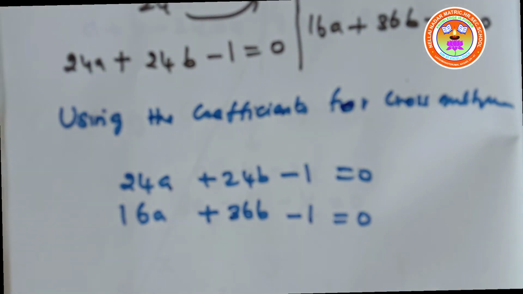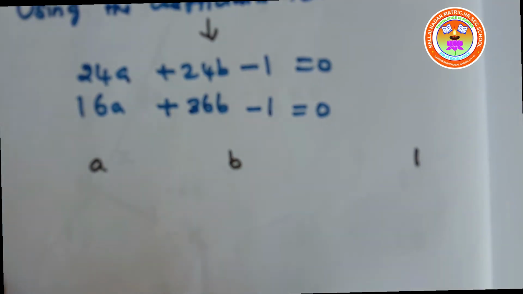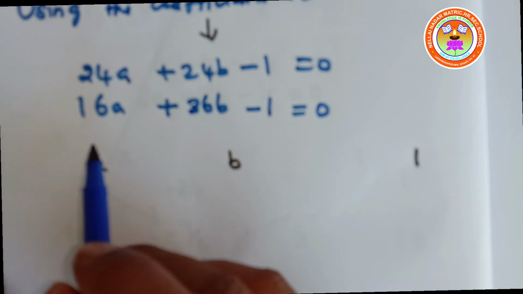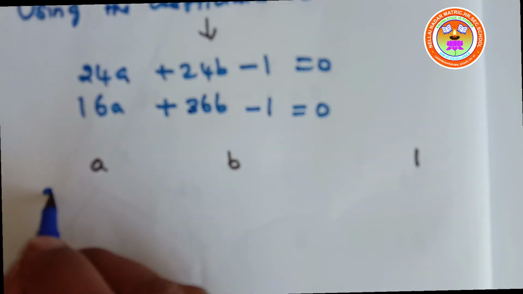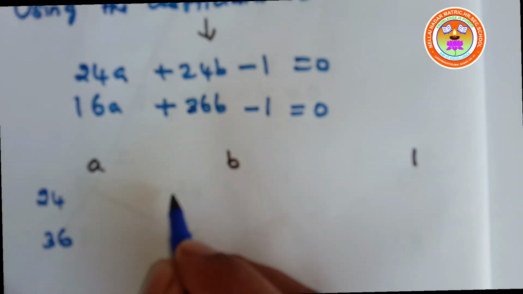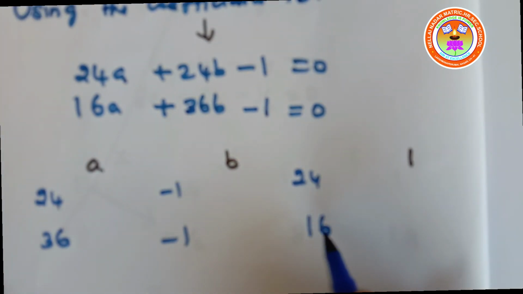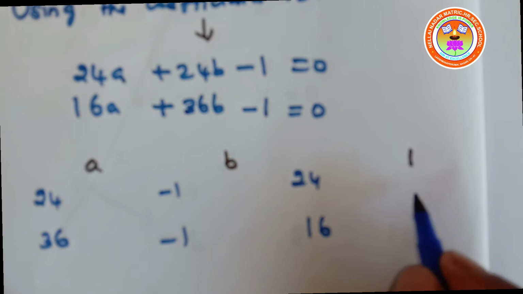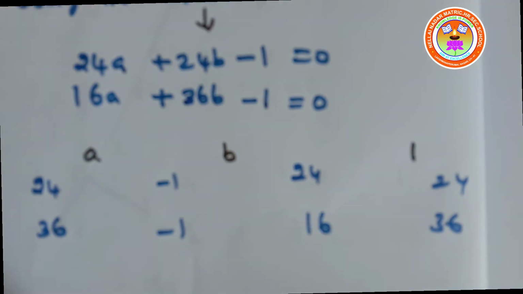It's clear, children? Now first start with the coefficient of b: 24, 36, minus 1, minus 1, 24, 16, again 24, 36. It's clear, children?